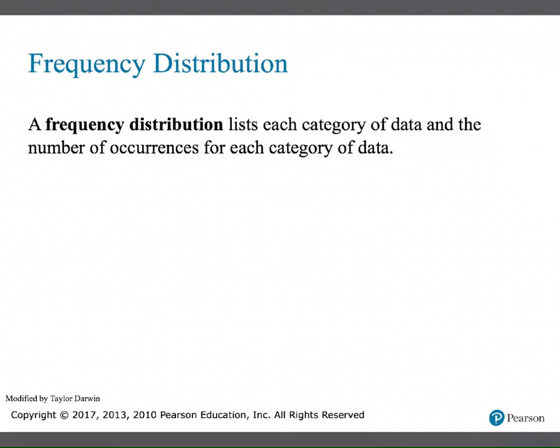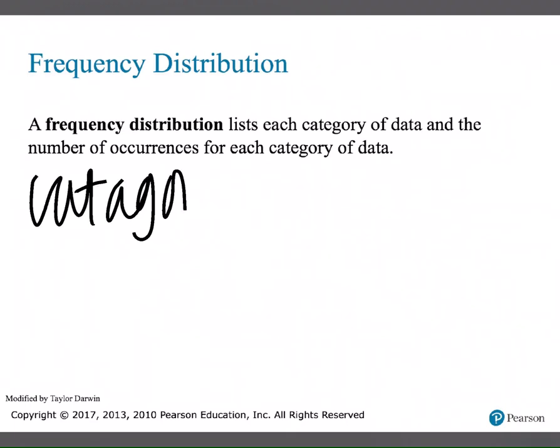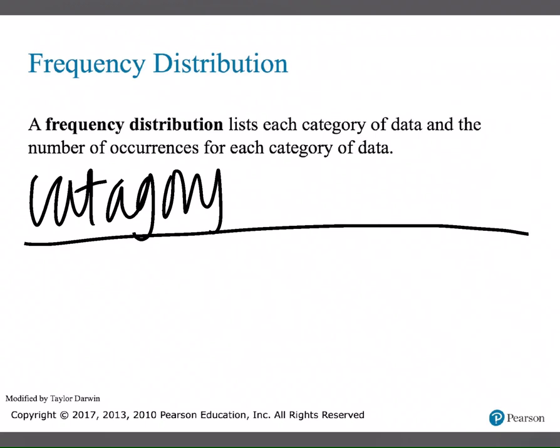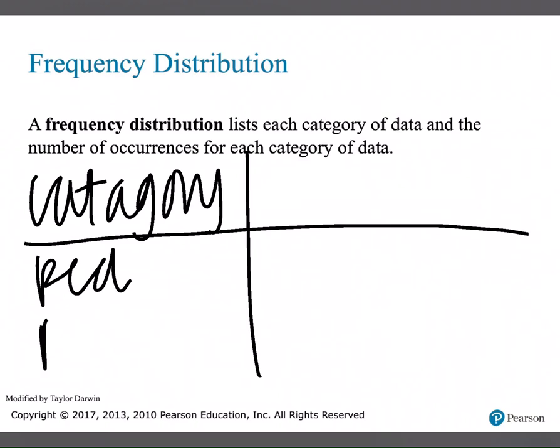A frequency distribution lists each category of data and the number of occurrences for each category. So it looks like this. It's your category, whatever that may be, whether that be Starbursts, and you put, I've got a red Starburst, I've got a pink Starburst, whatever that may be.